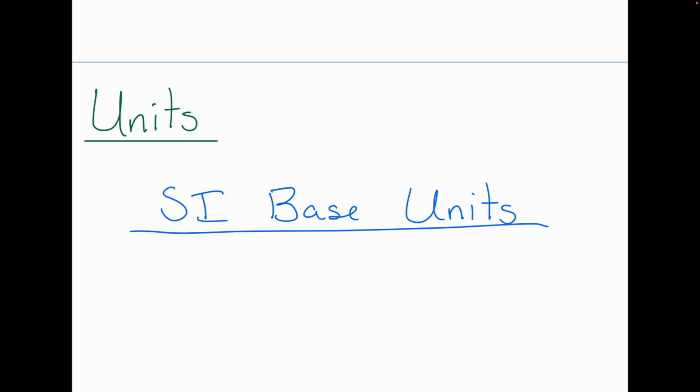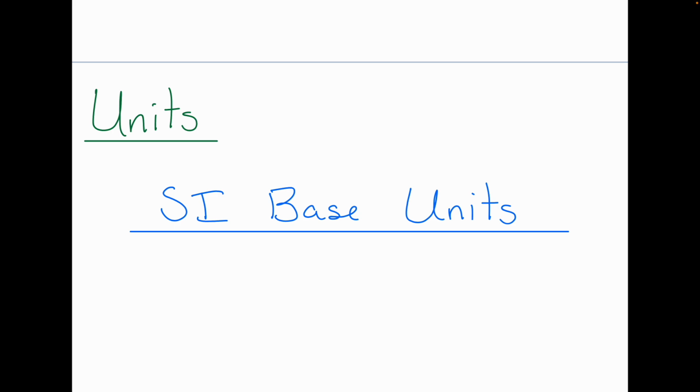All right, so science has laid out what we consider to be the base units, the things that we are going to be measuring in as we go throughout our experiments, what are called the SI base units. SI stands for System International. It was this conference that happened in France in the 70s where a bunch of scientists got together and were like, all right, we got to get on the same page with what units we're using.